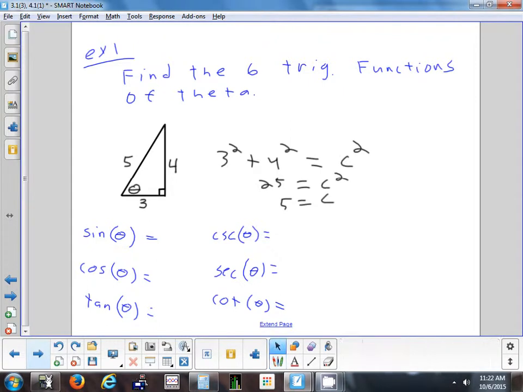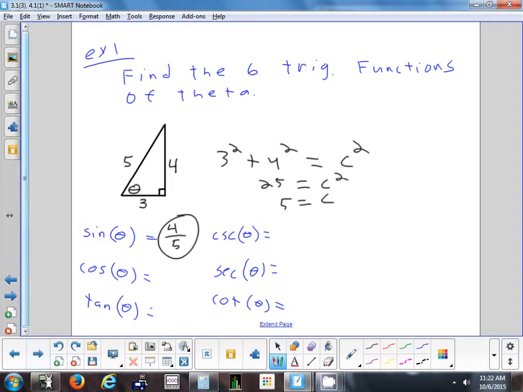All right, so now we can fill in all 6 trig functions. Chris, what's our definition for sine? What over what? Opposite over hypotenuse. What's opposite theta here? 4. Hypotenuse? 5. So the sine is 4/5.